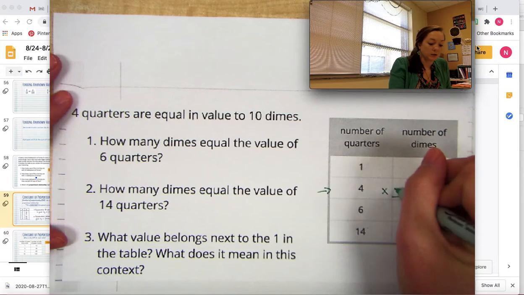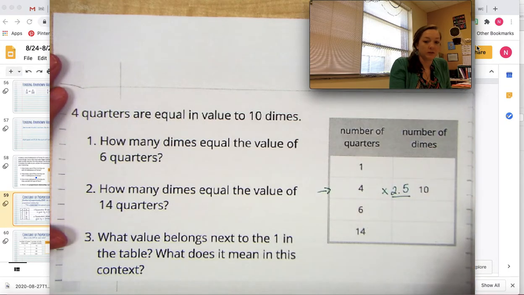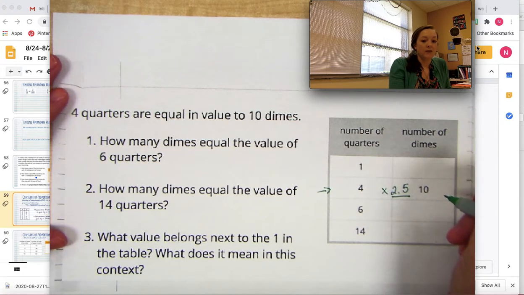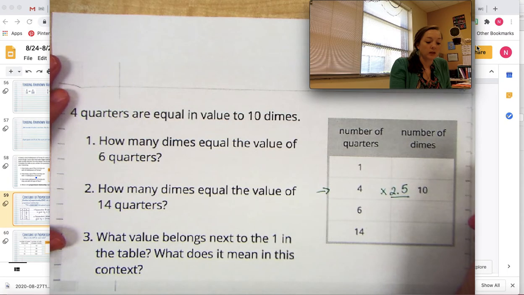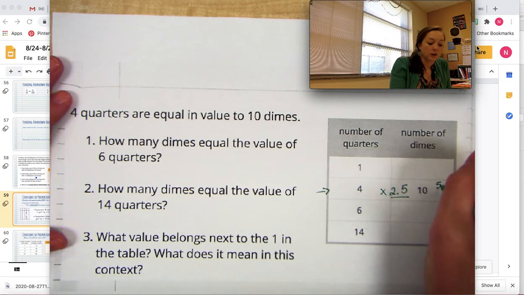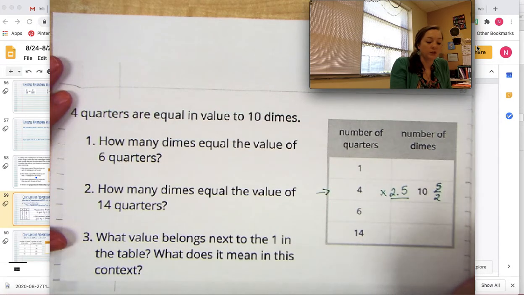4 times 2.5. Because I know that 4 times 2 is 8. 4 times half is 2, so that would give me 10. I could also do this as 5 over 2 if I was going to divide and simplify, whichever one works.